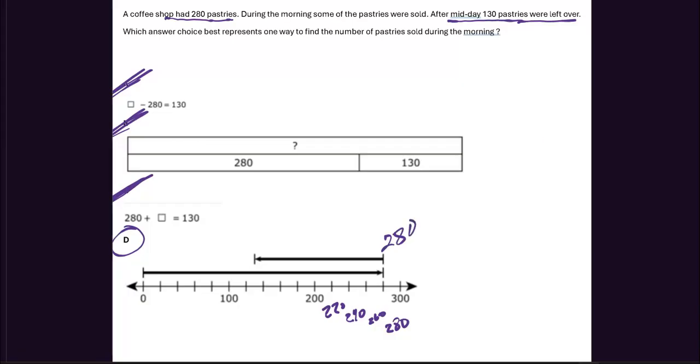Okay. Now we see the arrow going backwards, so that means it is subtraction because it's taking away from the total. Taking away from the total. So 130 is what was left. So let's see, we have 100, and it doesn't go to 100 all the way again, so we have to count.